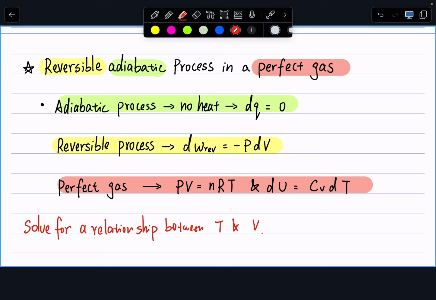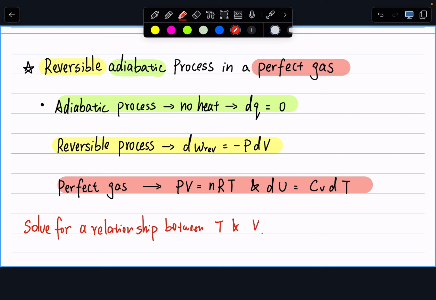All right. And then we can move these constants inside the logarithm, to get the logarithm out. What we get is ln of T2 over T1 to the Cv equals ln of V1 over V2 to the nR. It becomes V1 over V2 because of the negative sign there, so when we take it in, we're flipping V1 and V2.